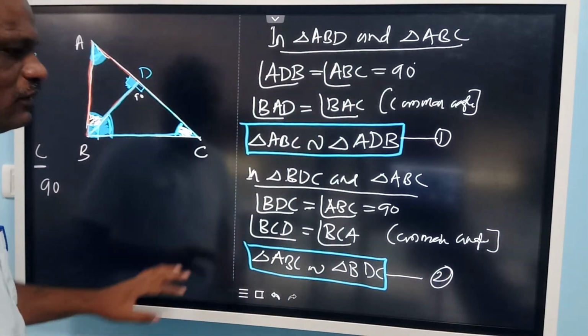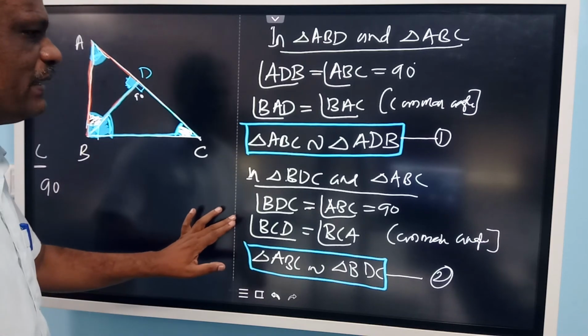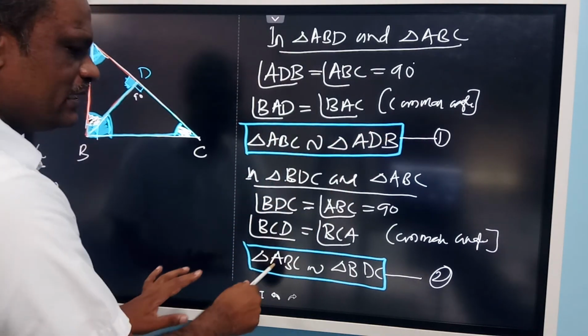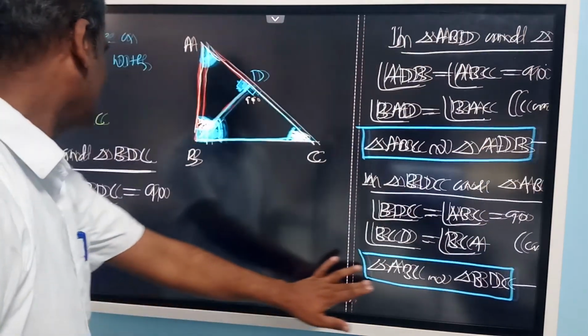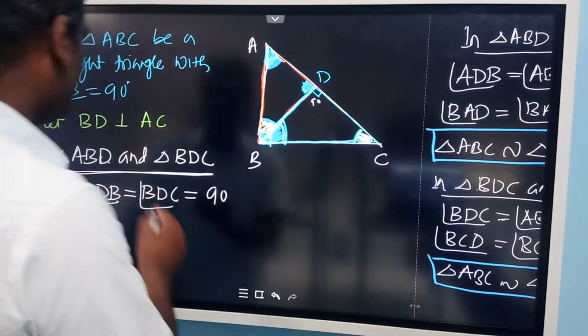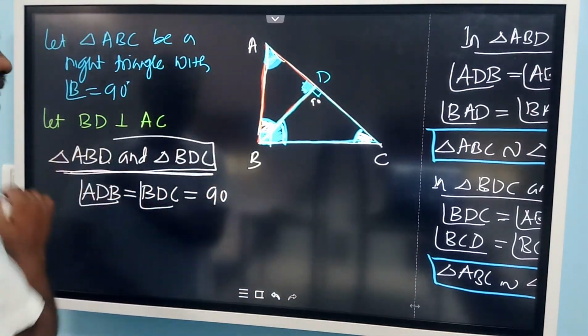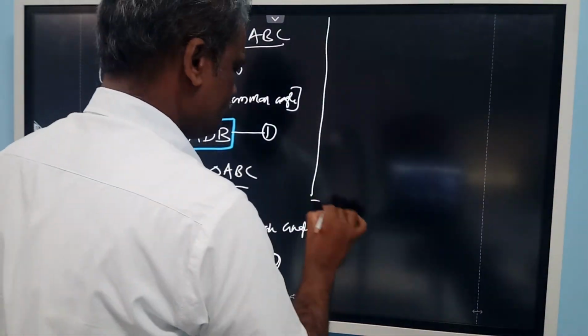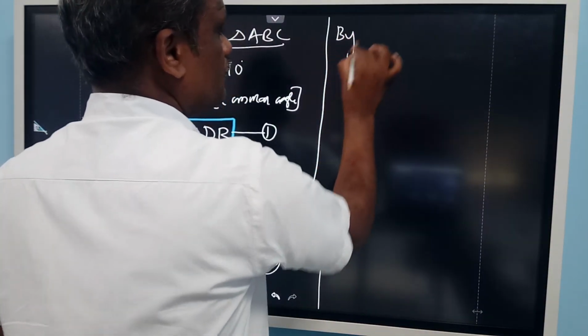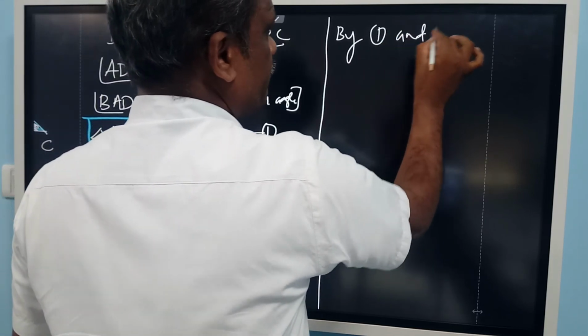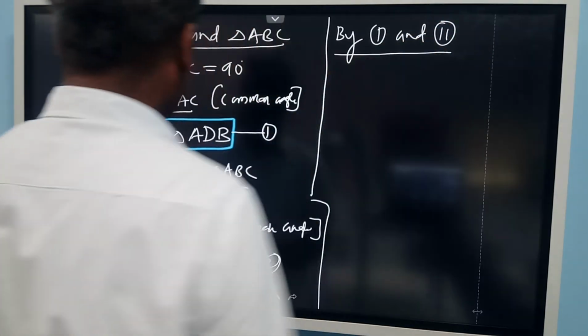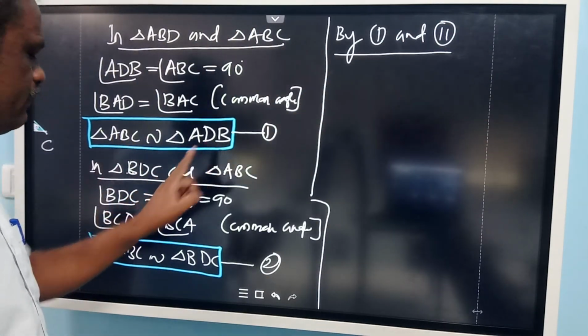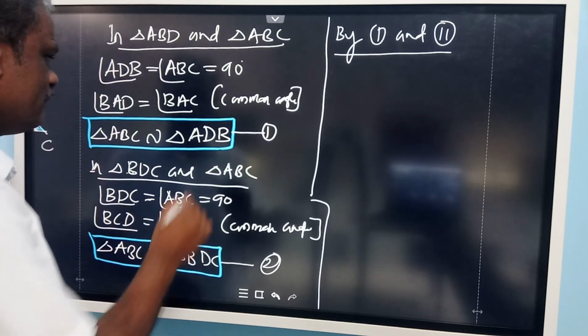Now compare 1 and 2. If ABC is similar to ADB, and ABC is similar to BDC, then directly you can write that ADB and BDC are similar. By comparing 1 and 2, what can you conclude?